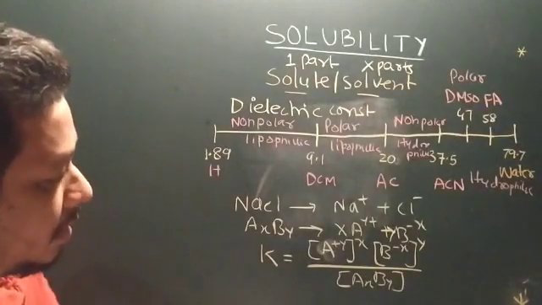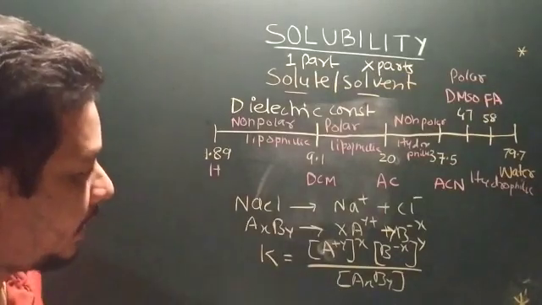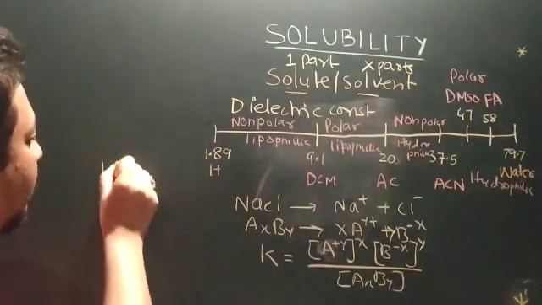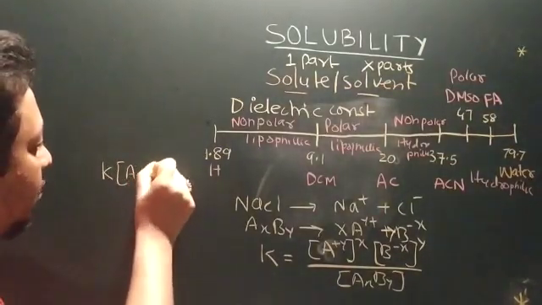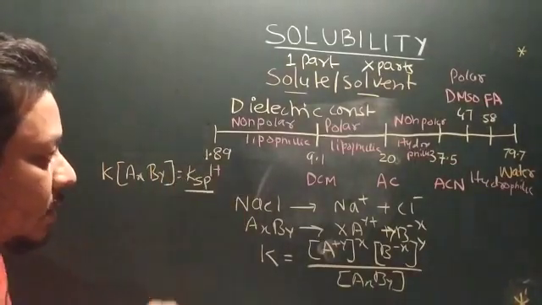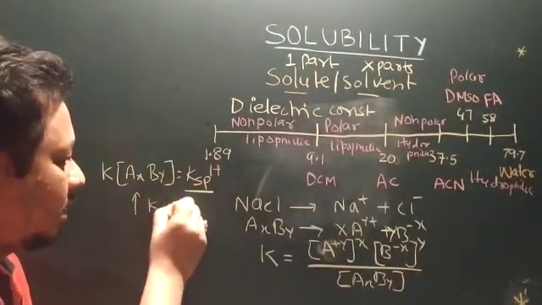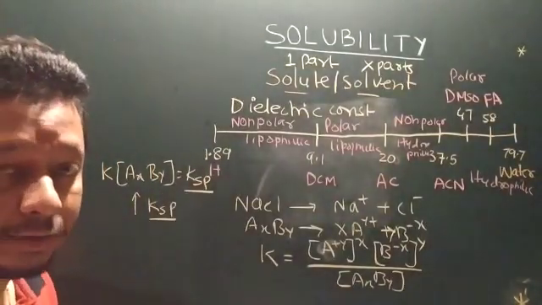This is your rate constant. If you multiply K by AxBy, that becomes the solubility product, Ksp. If the salt has a high solubility product, its dissociation is high and its solubility in the solvent is also high.